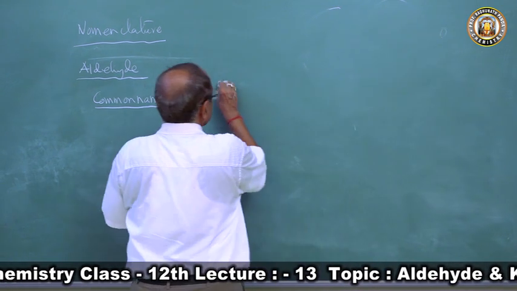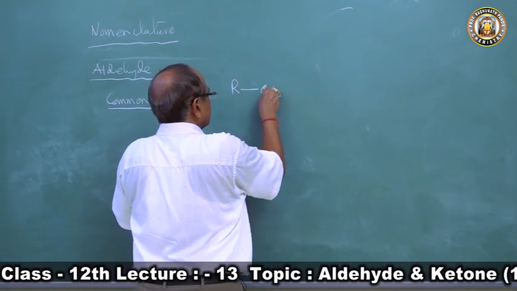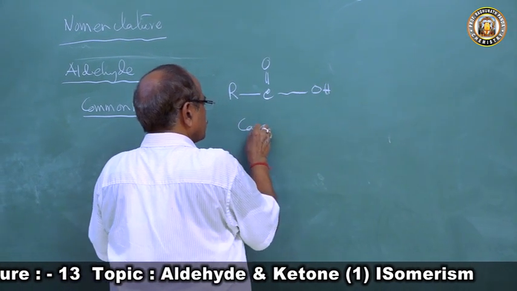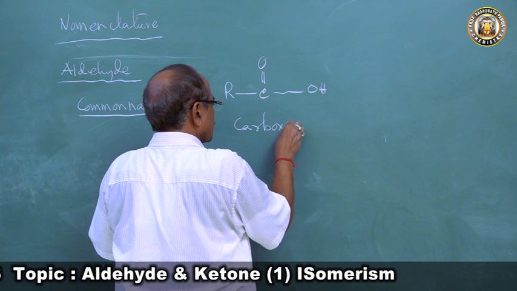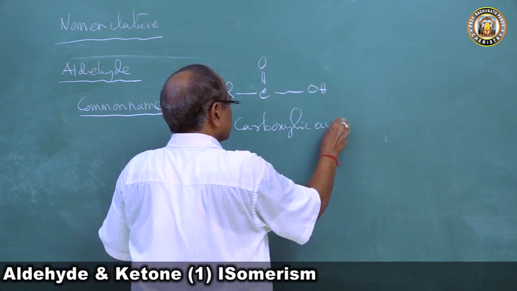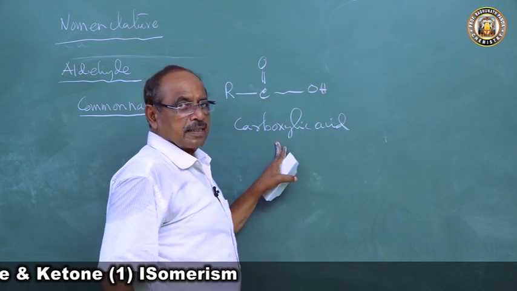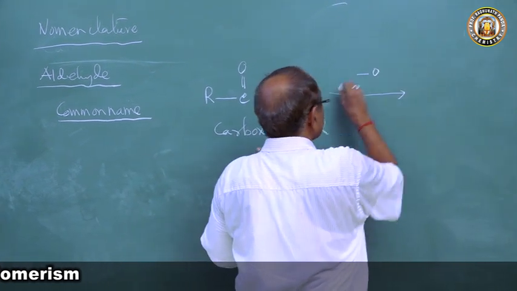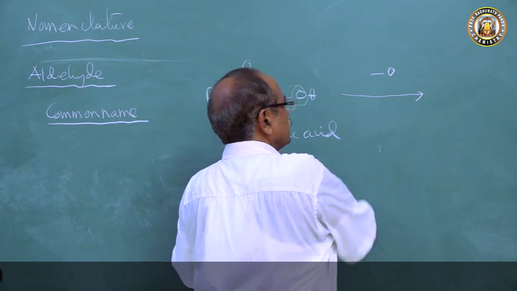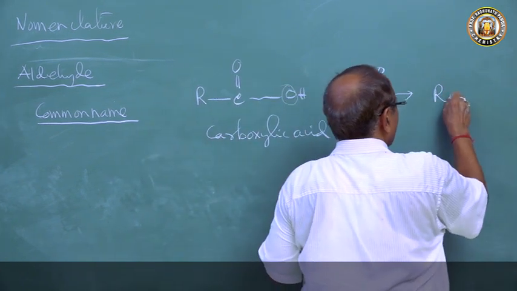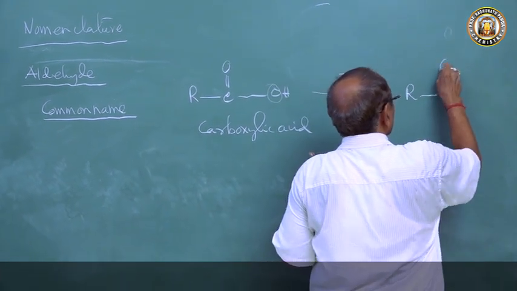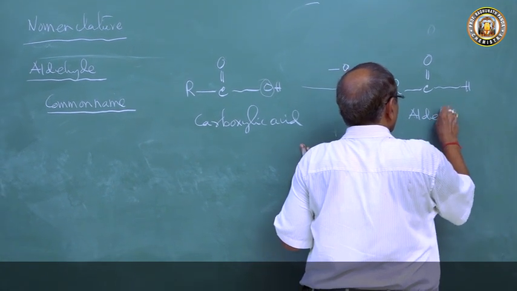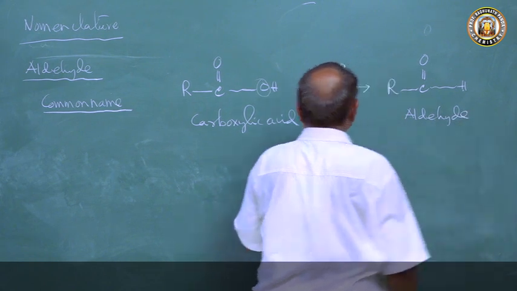How? This is RCOOH, the carboxylic acid. From the carboxylic acid, if we remove this O, then what do you get? You get RCOH, the aldehyde.